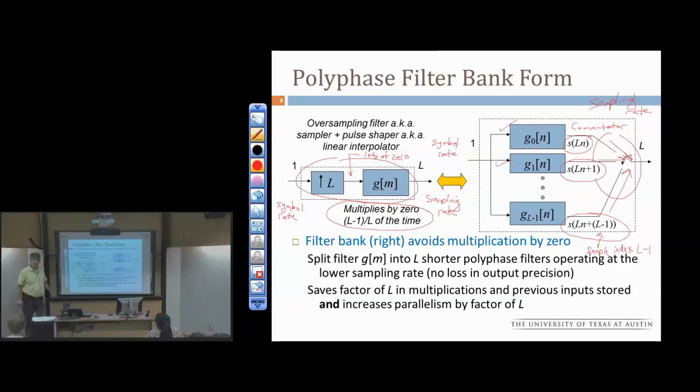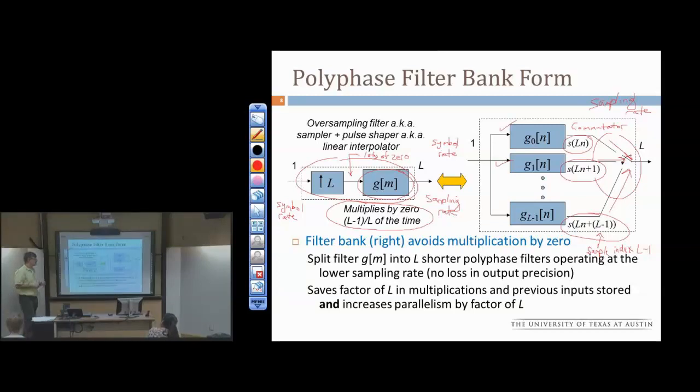That's correct. The observation is that if the impulse response of the original FIR filter is of length L, then I have just one coefficient for each polyphase filter. If the length of this FIR filter g[m] were 2 times L, then I'd have 2 coefficients in each polyphase filter, because I have capital L polyphase filters.